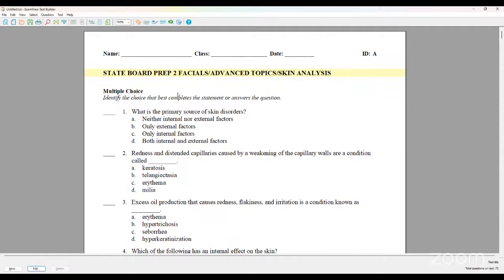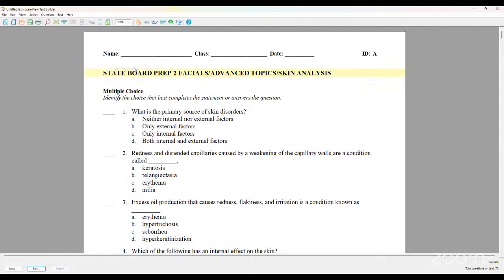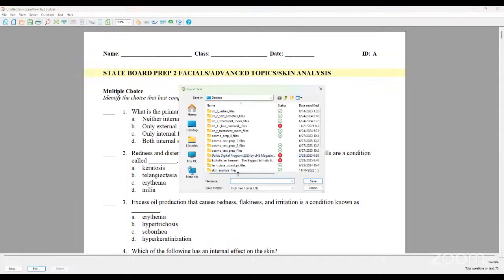So let's build this up. State board prep 2. We have facials.